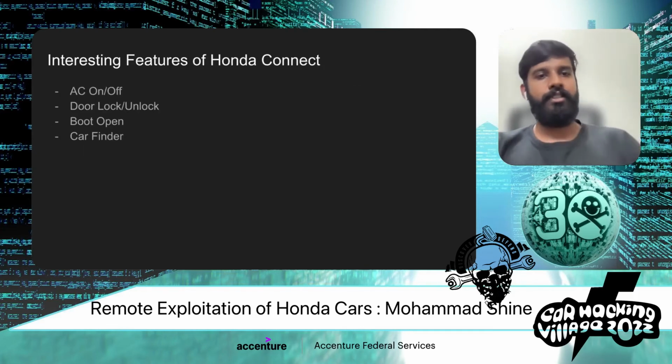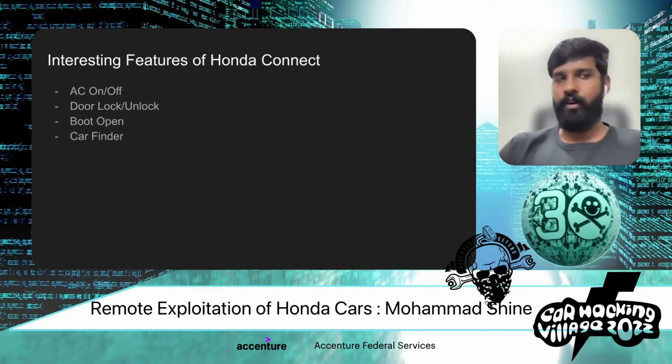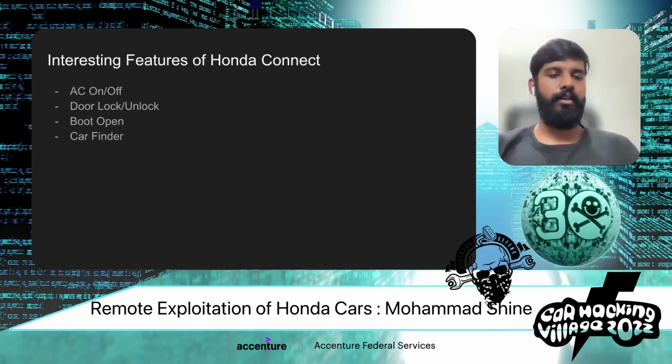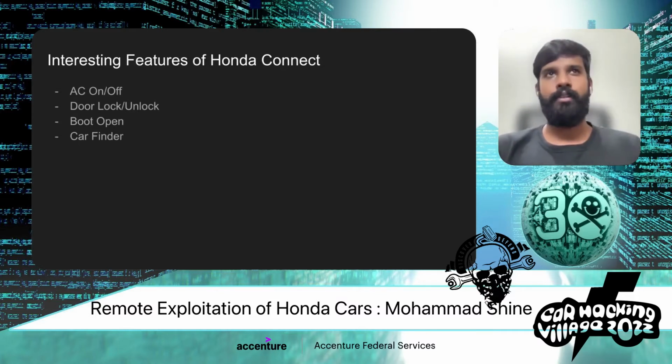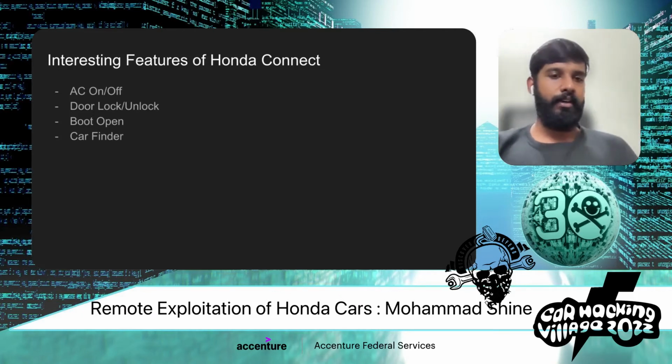The interesting features were that we could start the car, which is only possible in the automatic variant, unlock the doors, open the boot, and track the car. So these were the four things I was interested in.